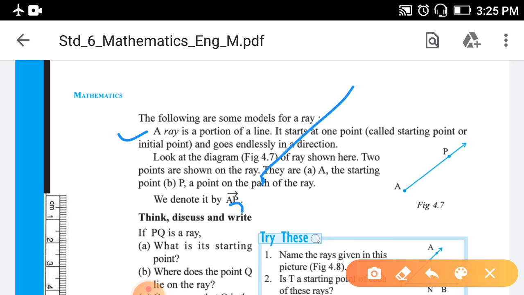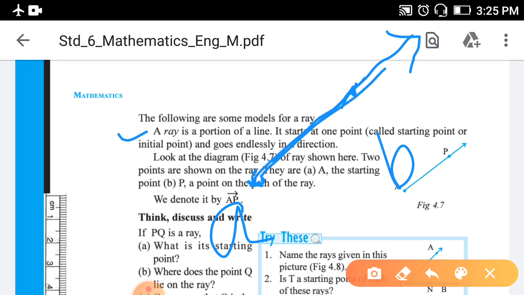You can give name here A, and this A is a fixed point and here point B. So this is fixed, and from point B you can extend the line. So this is the ray. So in a ray, one point will be fixed and another point goes endlessly in any direction. It means you can extend beyond the other point. So this is the ray AB.